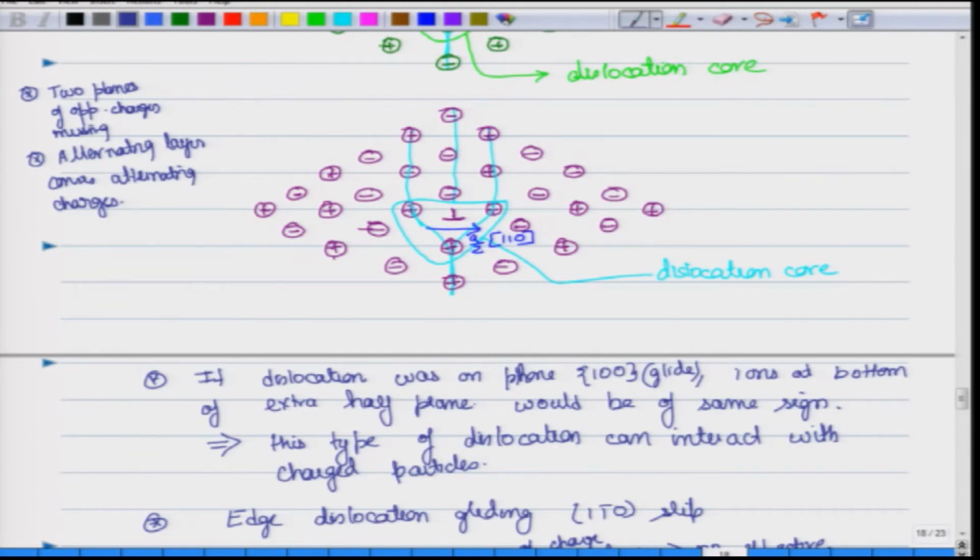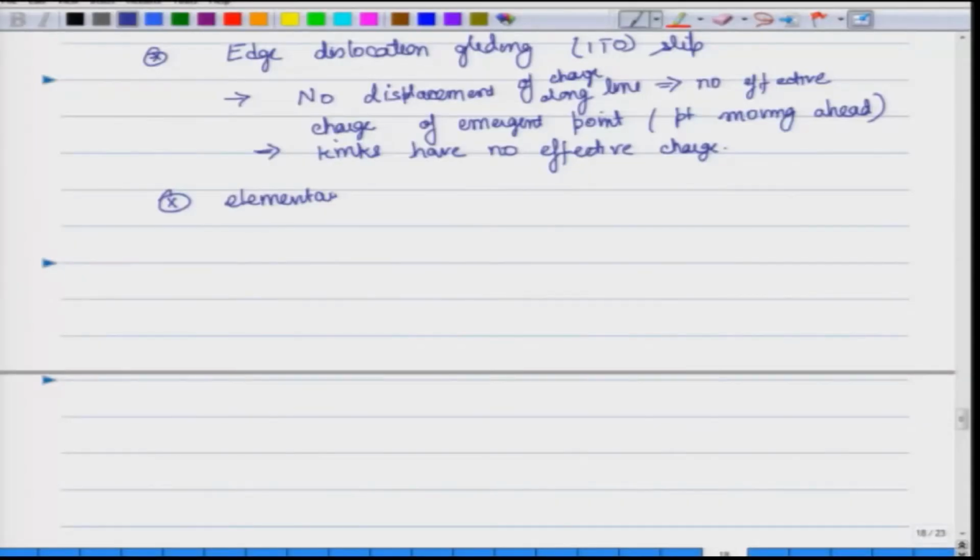So, if you have a jog which is one atom height, then its charge changes as you keep moving. If there are an odd number of steps or layers in the jog, then it will not be charge neutral, but if it is even numbered, then it will be charge neutral. That is why I am writing elementary jogs will not be charge neutral.